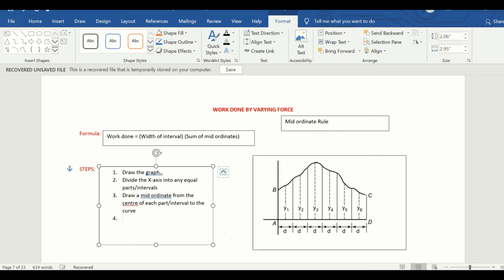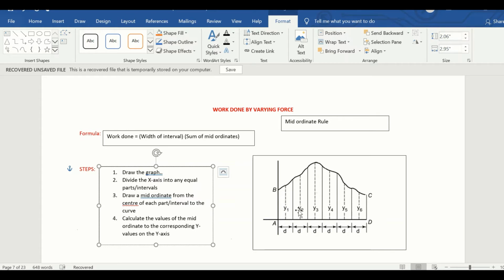Then step 4, you calculate the values of the mid-ordinates, corresponding to the y values on the y-axis.